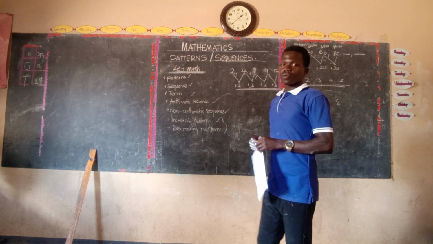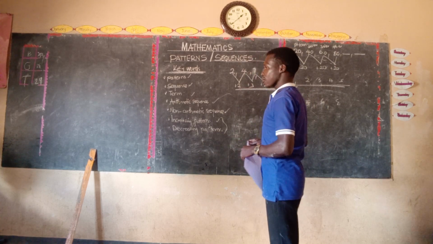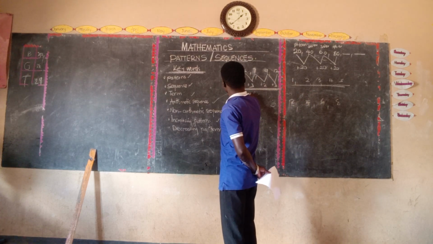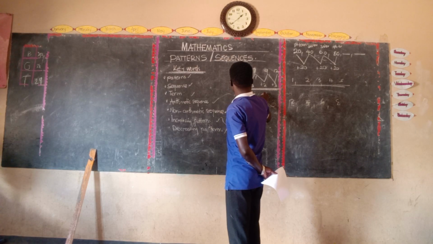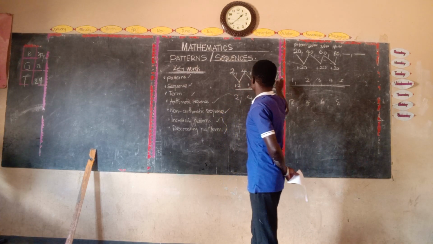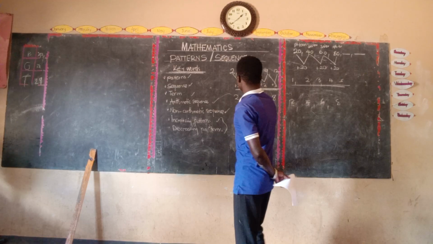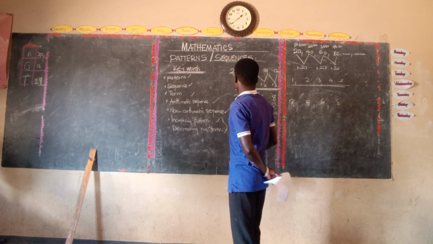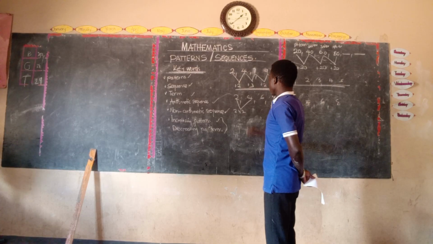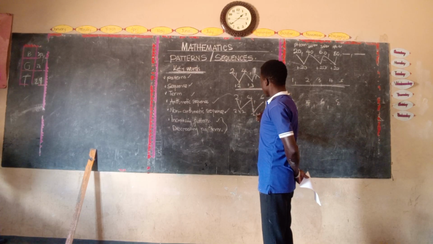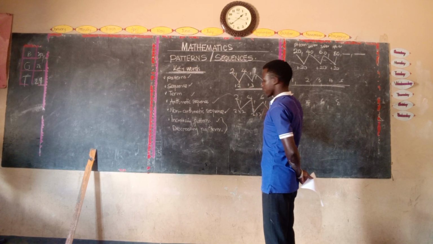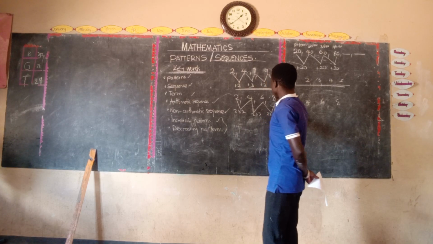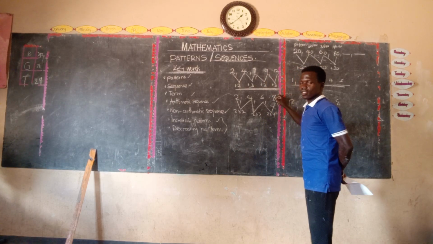But in other cases, we don't use addition. Sometimes we can use multiplication. For example, when you have 2, 4, 6, 8: when you multiply 2 times 2, you get 4. When you multiply 2 times 3, you get the next term, 6. When you multiply 2 times 4, you get the next term, which is 8.